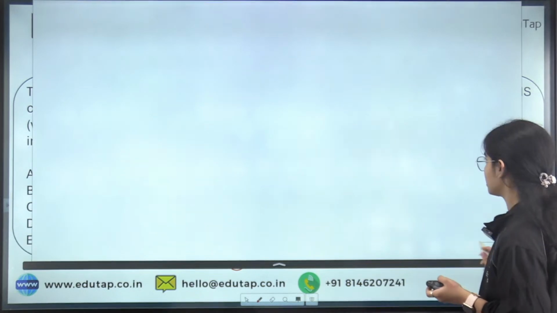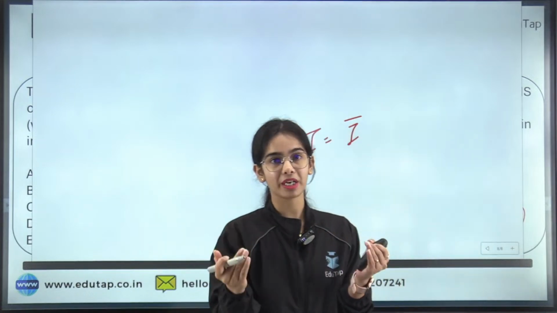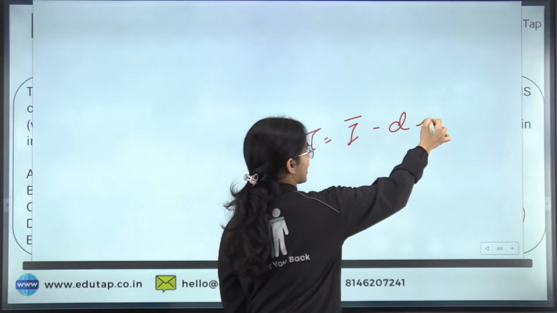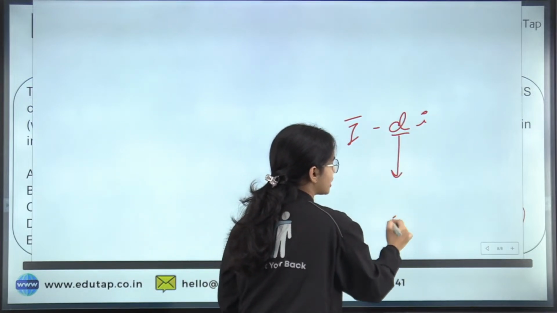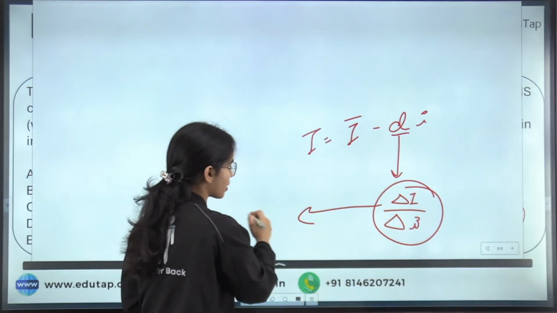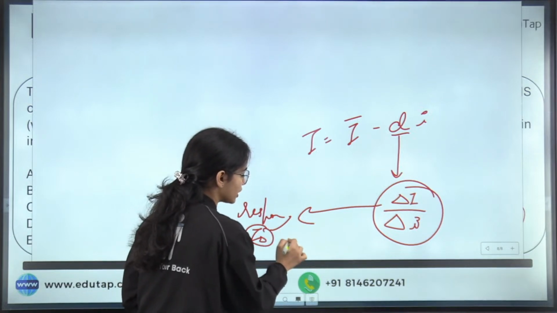This is the investment function, where this is autonomous investment that does not depend upon the rate of interest or level of income. This is di. d shows how much investment changes with the change in interest rate.